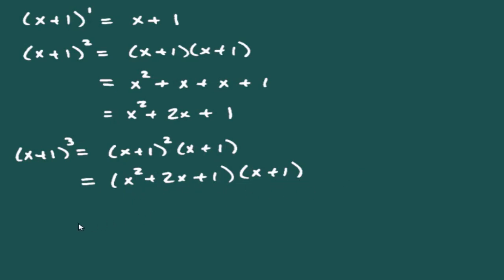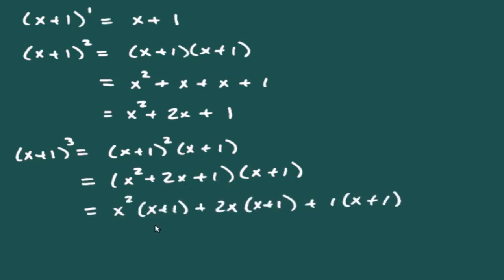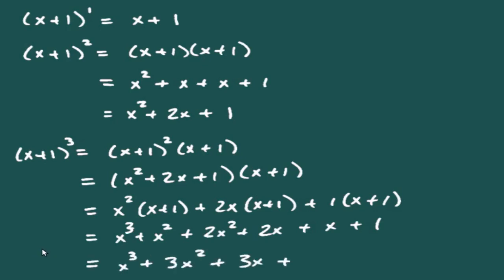Well, using our distributive property, the quantity x plus 1 gets multiplied by each one of those 3 terms. And we use the distributive property again to distribute across each one of the x plus 1 terms. And so when we combine like terms for a final answer, we're getting x cubed plus 3x squared plus 3x plus 1.